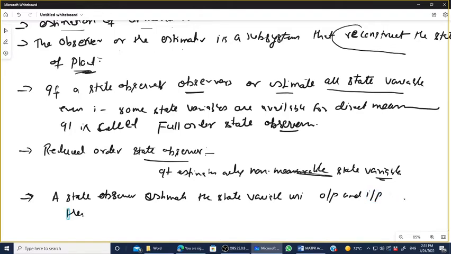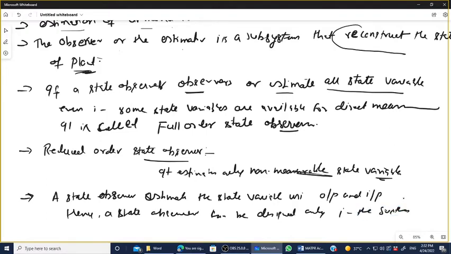Hence, a state observer can be designed only if your system is completely observable. Observable. A very, very important line, right?